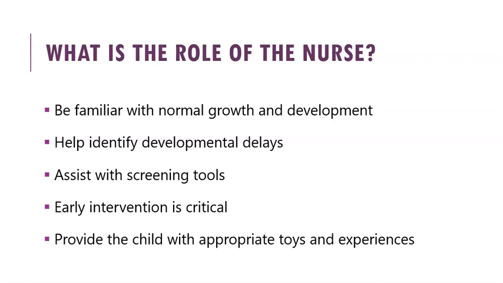The last thing on this slide says provide the child with appropriate toys and experiences. Some small toys may not be appropriate for children who are developmentally delayed. You may think one toy is appropriate to give a 4-year-old, but maybe that 4-year-old has some cognitive delays and they try to keep putting that small toy in their mouth.